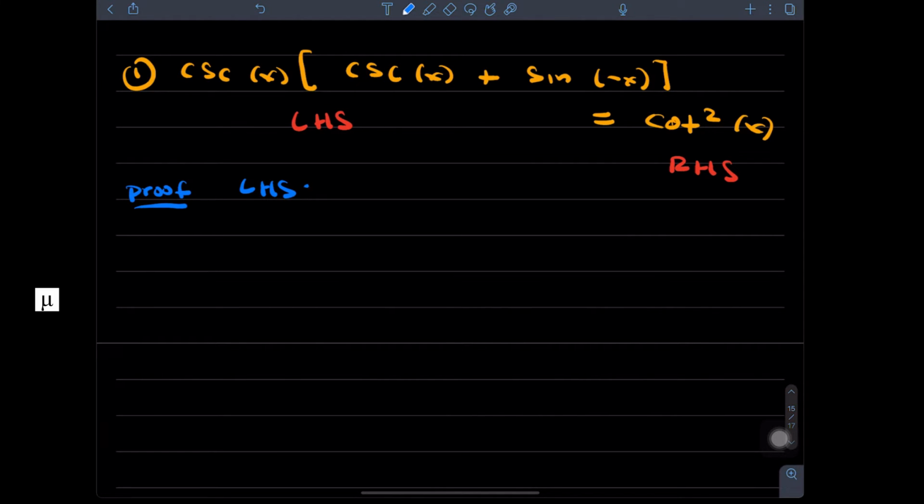What does the left-hand side equal? Cosecant times what? Cosecant plus sine negative x, okay?